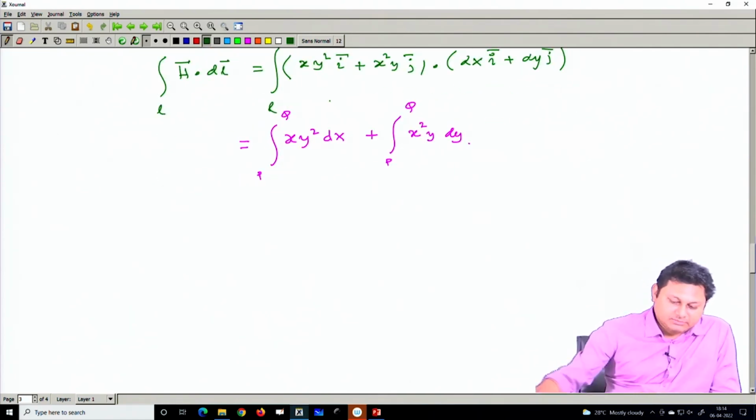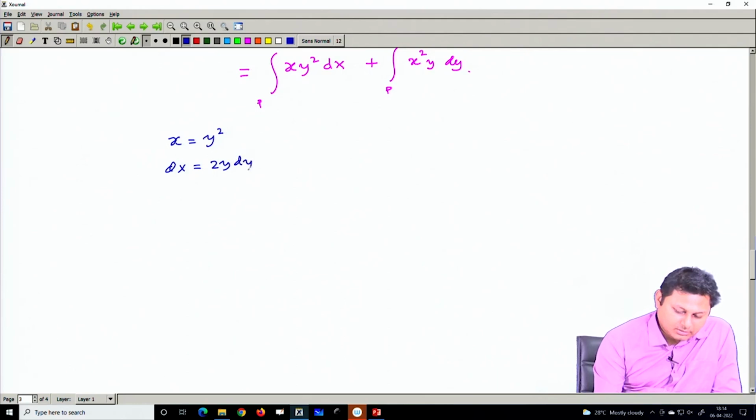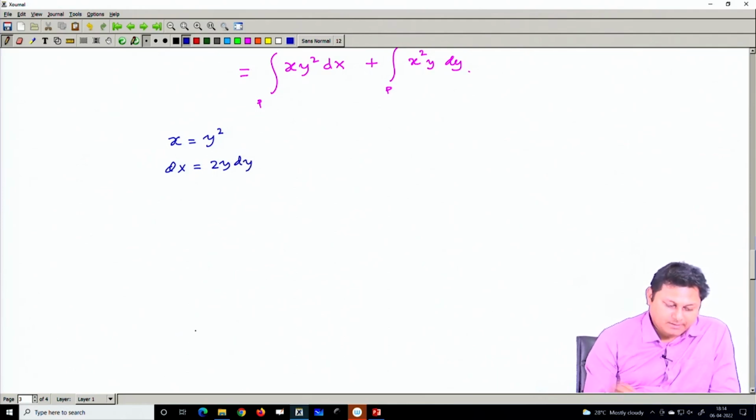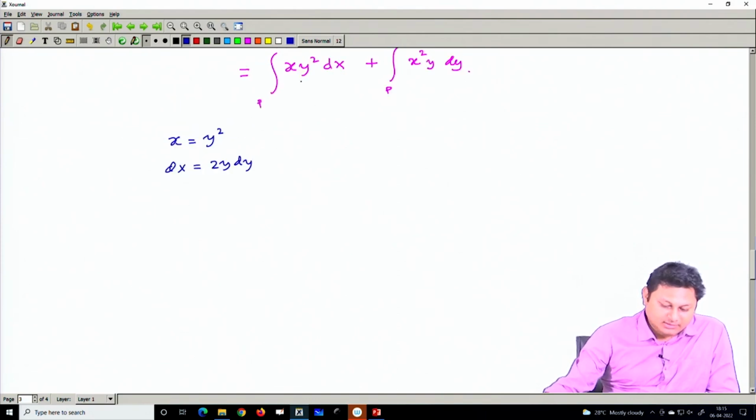So, I have x equal to y square, and then dx is equal to 2y dy.